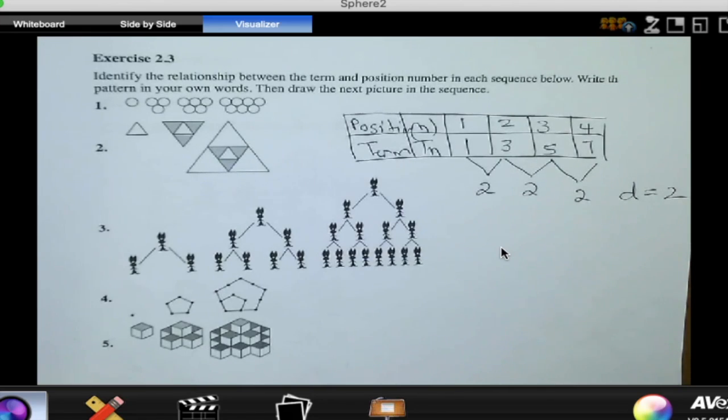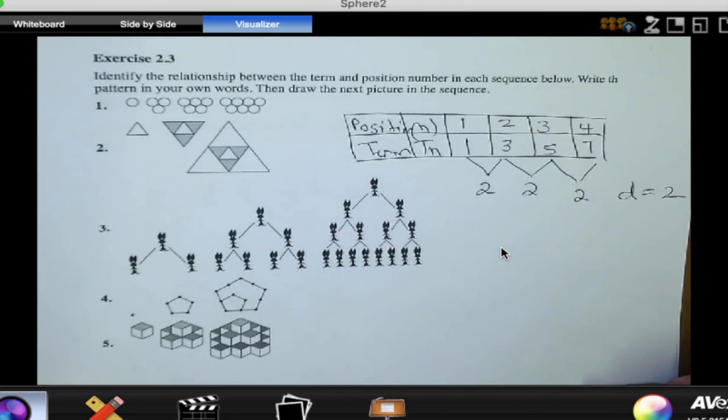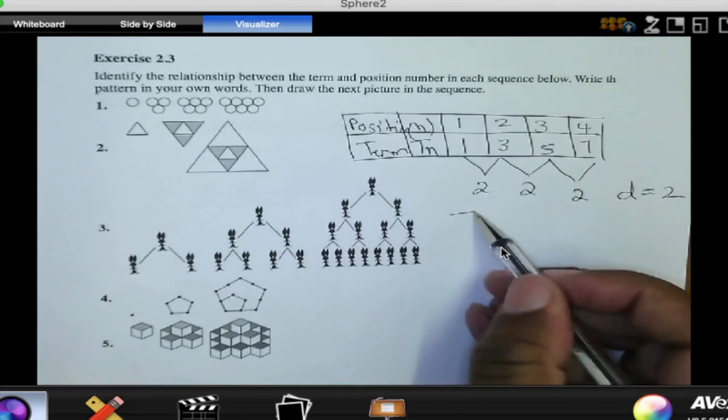And now it's Tn really that we are looking for. And we want to find Tn using the relationship between the term and the position number. Does it make sense? Okay, so how do we find Tn?